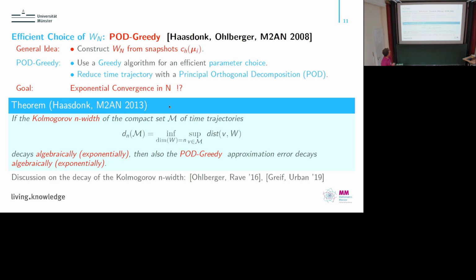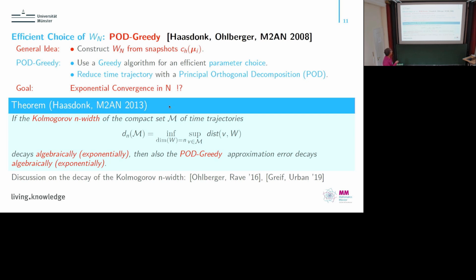And this is done by picking with a greedy algorithm a parameter that is worst approximated with the current reduced model from the previous iterate. And this is possible when you have an a posteriori error estimator that you can efficiently evaluate. Otherwise, it doesn't really pay off.